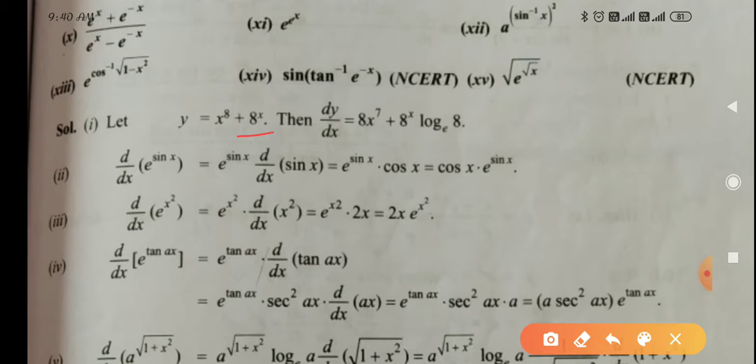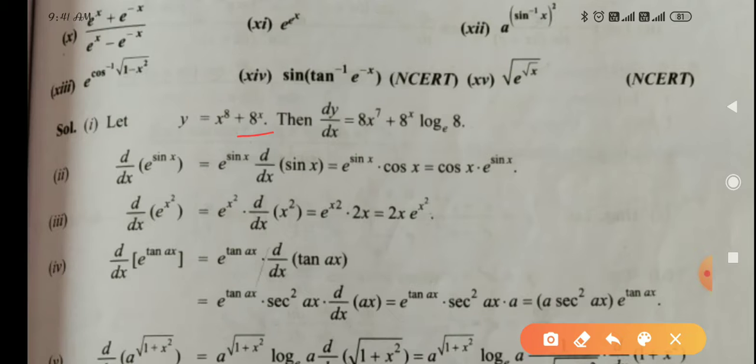In two differentiations I told e to the power x and a to the power x. A to the power x, I told you a can be any positive number but not equal to 1. And in case of e, it will be a fixed number, an irrational number, 2.718 something, its value of e.